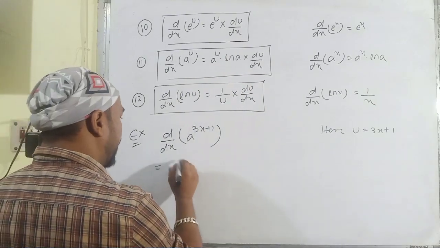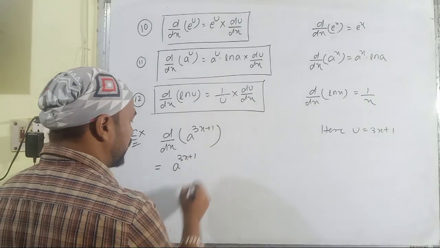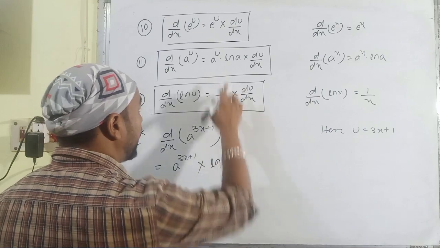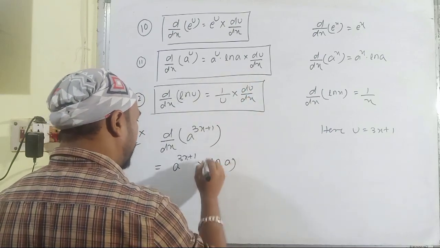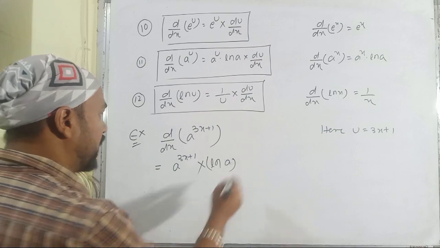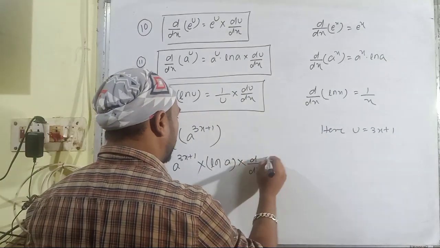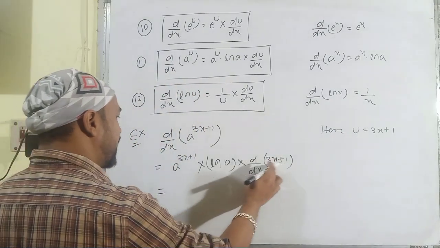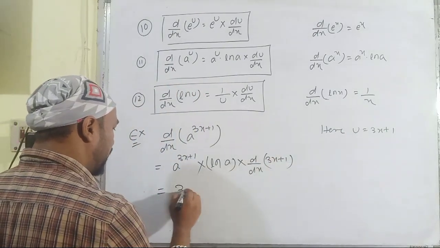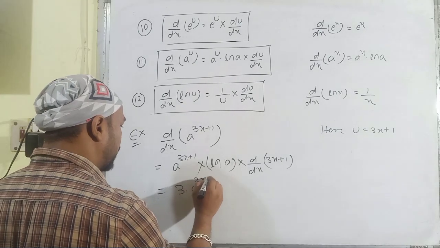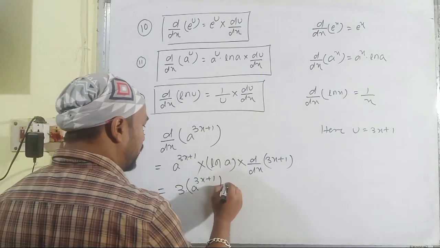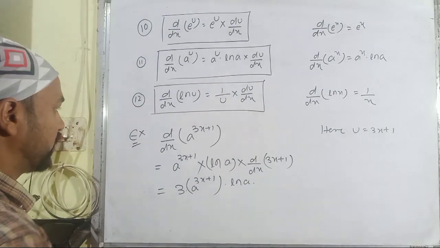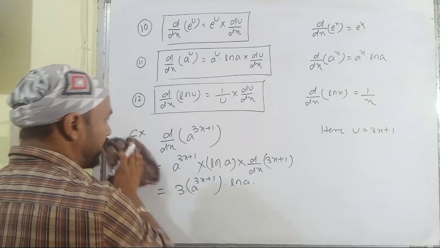So it will be a to the power 3x plus 1 multiplied with ln a, then multiplied with the differentiation of 3x plus 1. Differentiation of 3x plus 1 is 3. So it is 3 multiplied with a to the power 3x plus 1 multiplied with ln a.